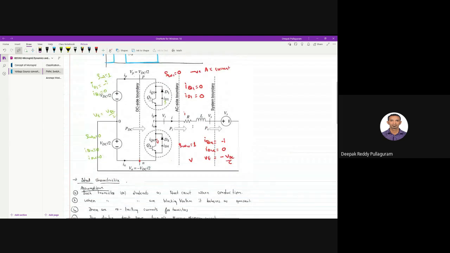Shall we do one thing? Instead of using this switch, shall we represent this switch as a dependent current source, IP, and here this will be represented as IN.